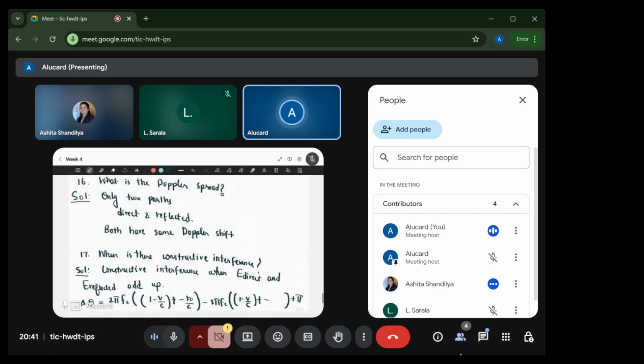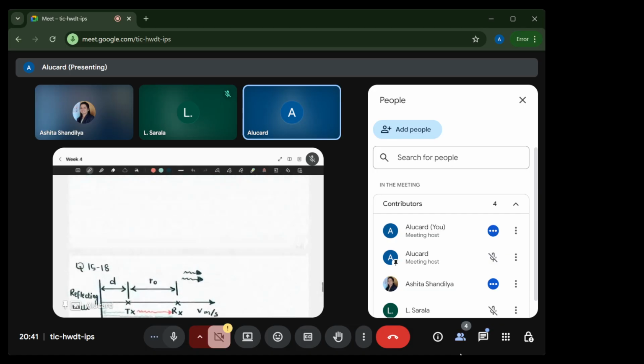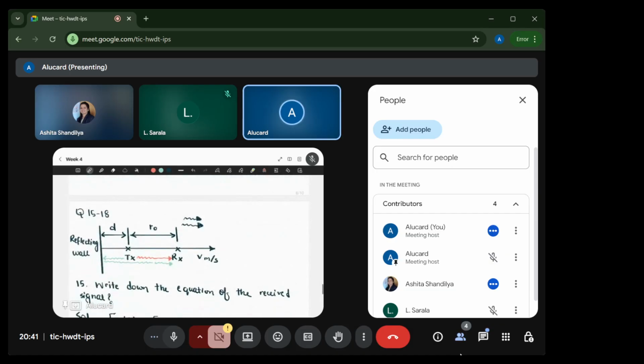So here there are only two signals, the direct component and the reflected component. If we take the time of arrival of the direct component as our reference, then again the time delay is only the additional time that the reflected component takes when compared to the direct component.